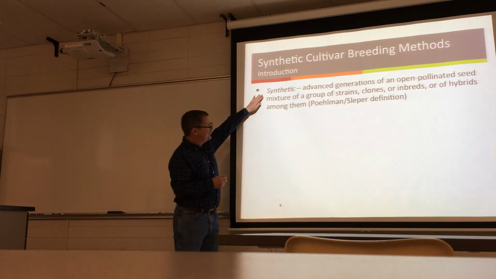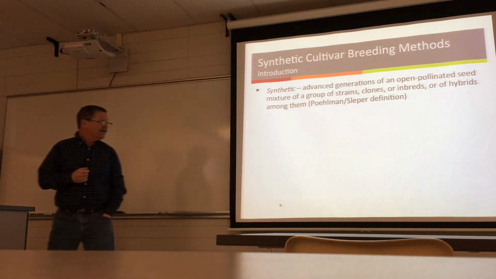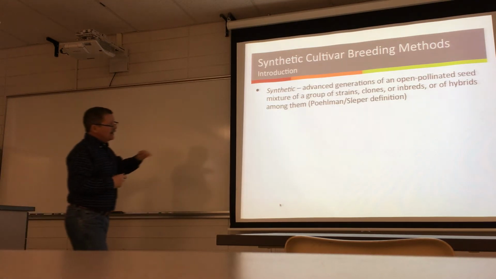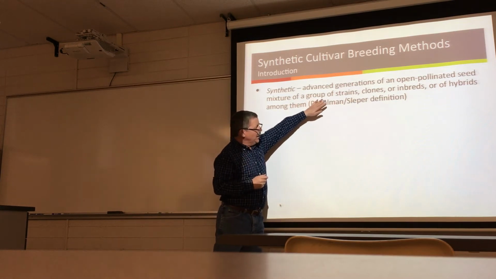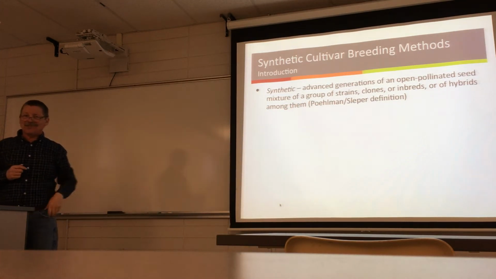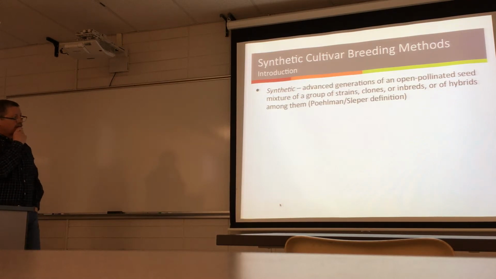So by definition, a synthetic cultivar is an advanced generation of an open pollinated variety, but it's based on individuals. There could be strains or clones. I think this is the definition out of Fehr's textbook, that these individuals have some identity.